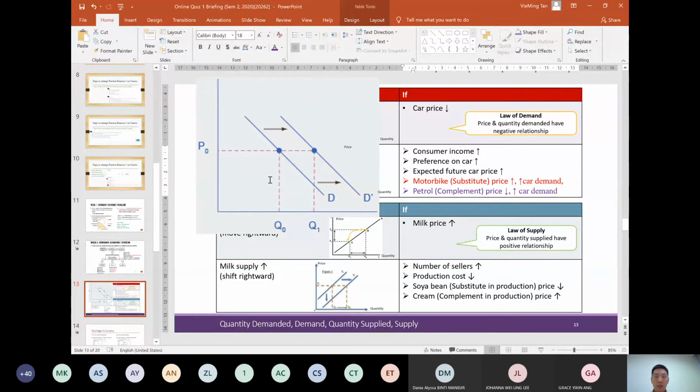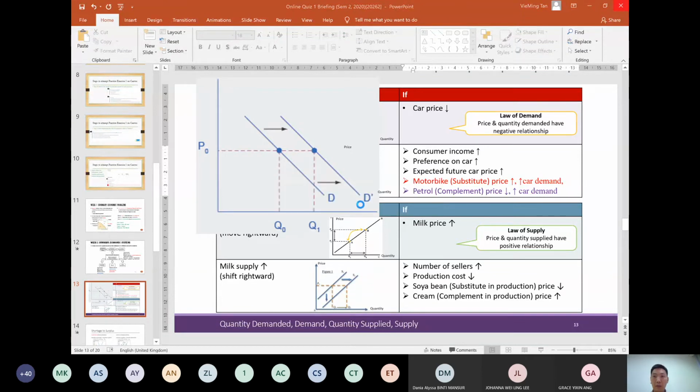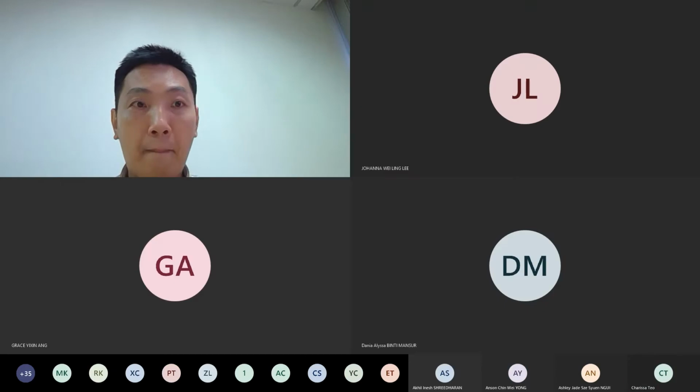Okay, so the demand side is done. This is chapter 3, the first part. Then the second part, I'll move to the supply side. I think it's already jammed because I have added too many things. I need to unsave this and reopen the file again.